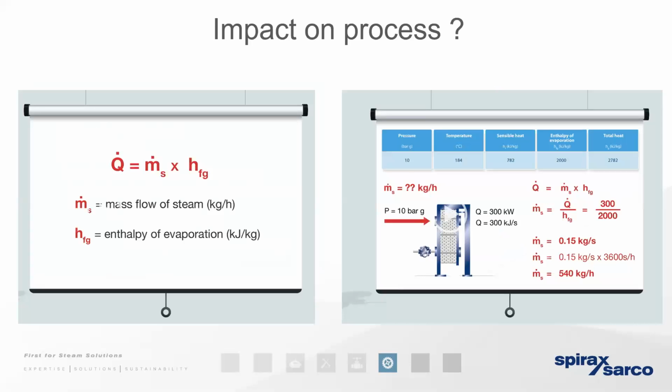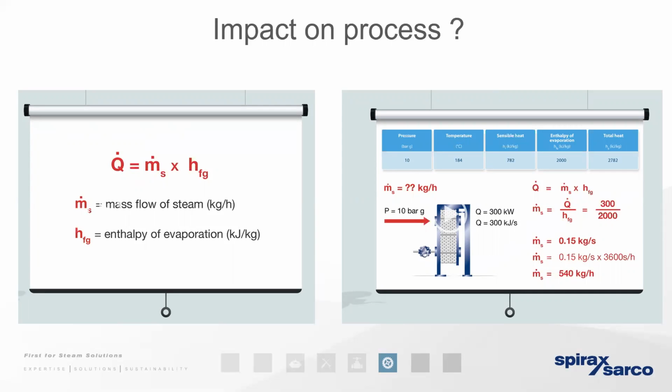And I just want to go back to one of those basic thermodynamic equations very, very quickly. So the equation above to the left, it really demonstrates how we can calculate how much energy there is in a mass of steam. So for example, the Q value, that's the heat transfer rate. The M value, that's the mass flow rate of steam in kilograms per second.